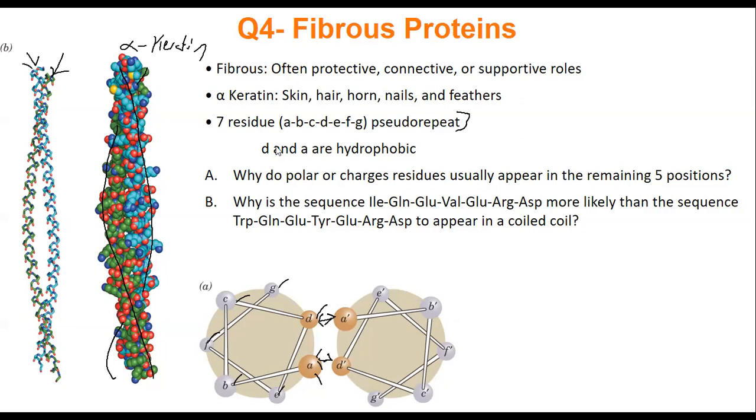And if you have two nonpolar positions at A and D, these will be forced together because of the hydrophobic effect when you're making this protein, right? So you're going to be making this protein and you want this protein to come together. So the A and D amino acids will glob onto each other, while all the other amino acids will make sure that we can still be dissolved in the cell when we're being made.